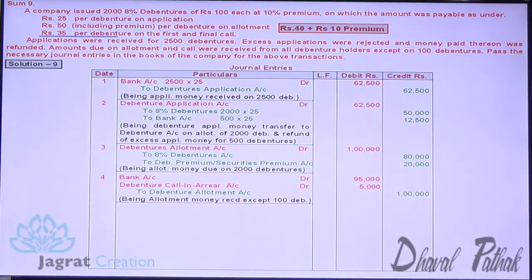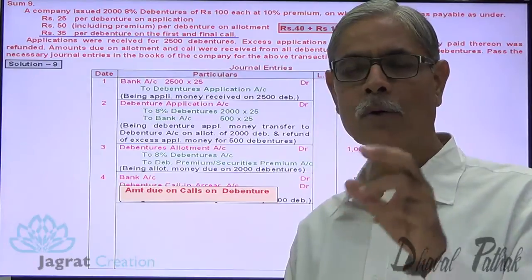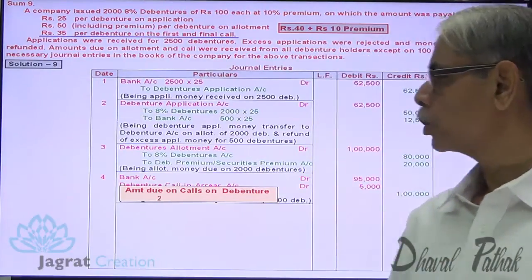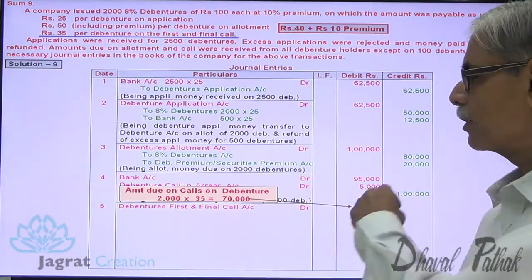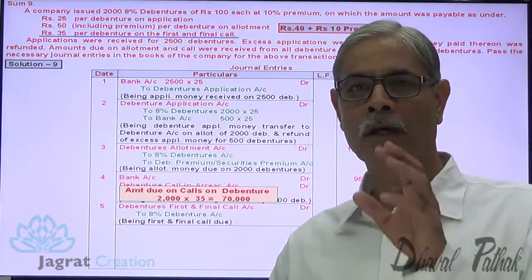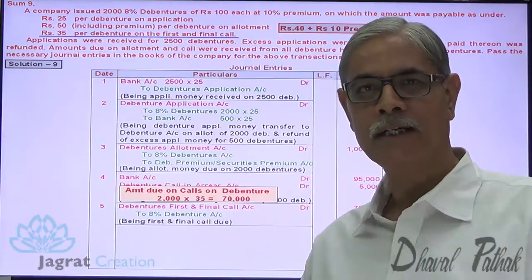Now, the amount demanded is first and final call at the rate of rupees 35 per debenture. Amount has been demanded on all 2,000 debentures which have been allotted. So 2,000 into 35, first and final call dues. Debenture first and final call account debit 70,000, to 8% debentures account credit 70,000. Now on how many debentures have I not received the first and final call? On 100 debentures.